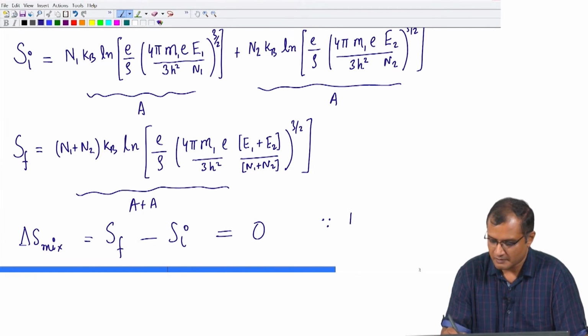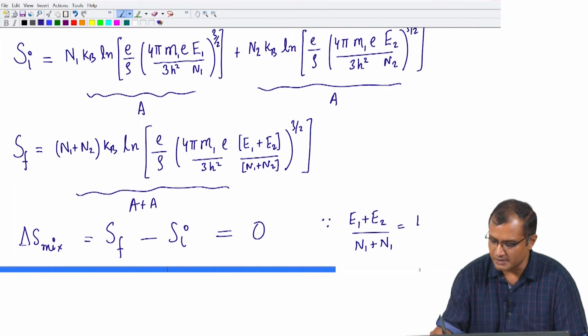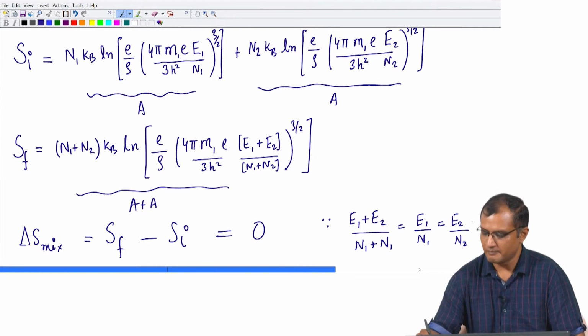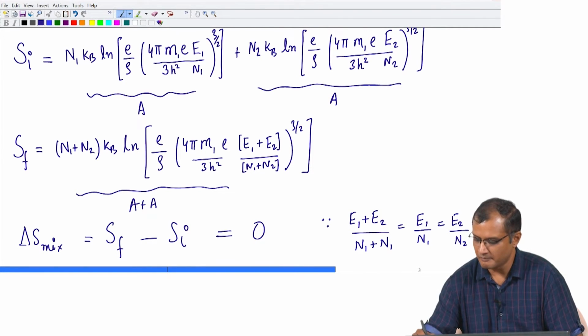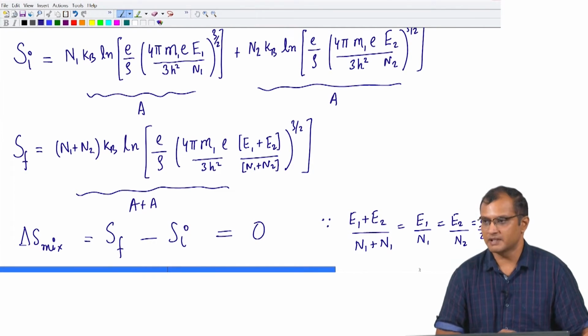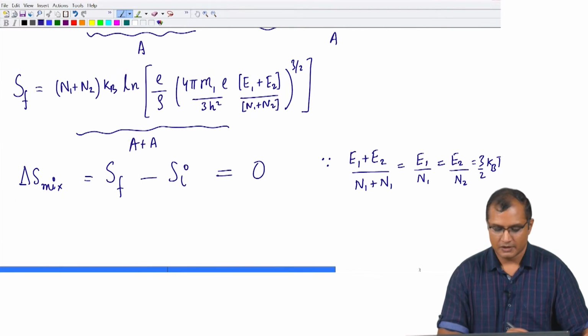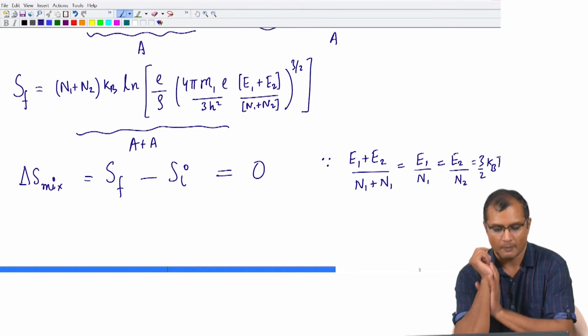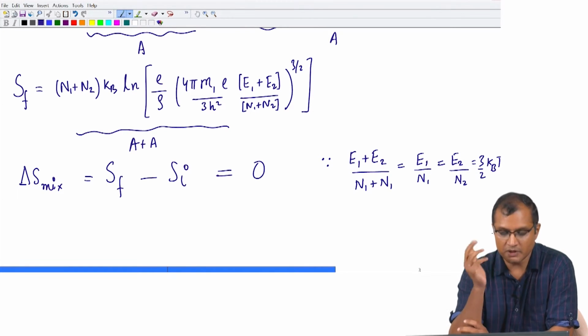Because of the fact that your energy density is the same as initial energy density. We have already shown this. We are mixing them at constant temperature, and so the logarithm argument is the same in all the 3 terms, and when you take the difference what you get is essentially 0.